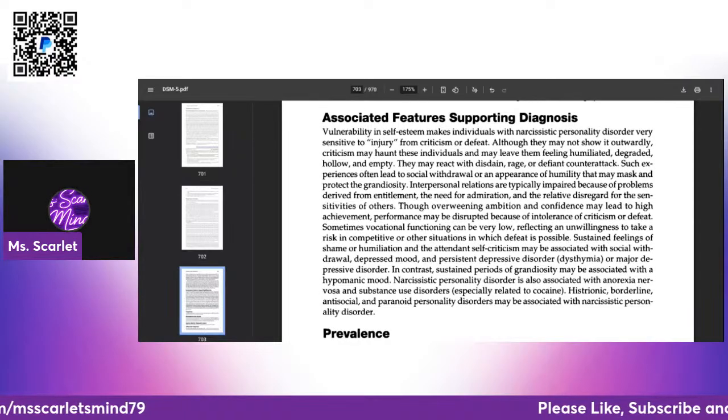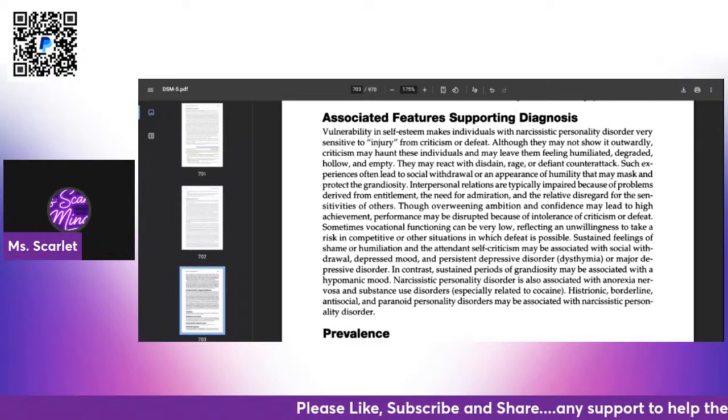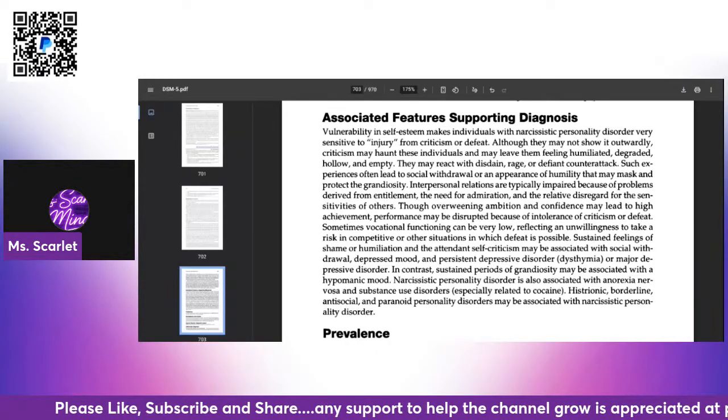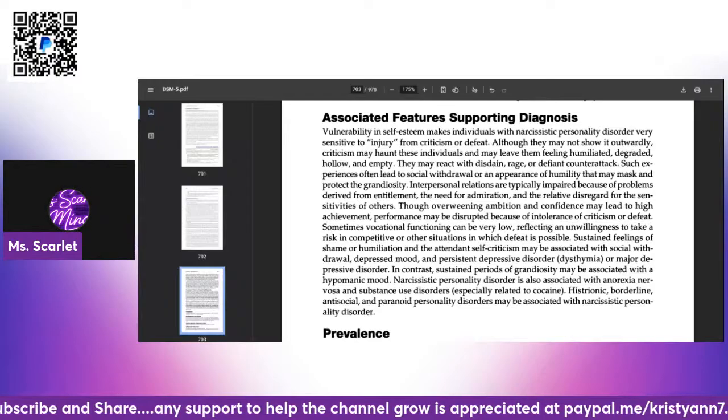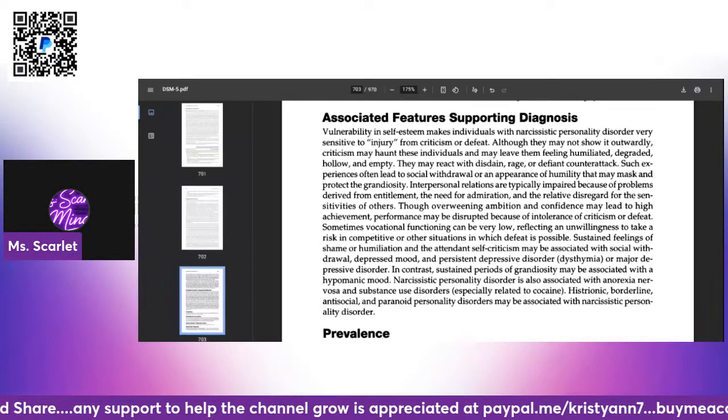Sustained feelings of shame or humiliation and the attendant self-criticism may be associated with social withdrawal, depressed mood, and persistent depressive disorder, dysthymia, or major depressive disorder.